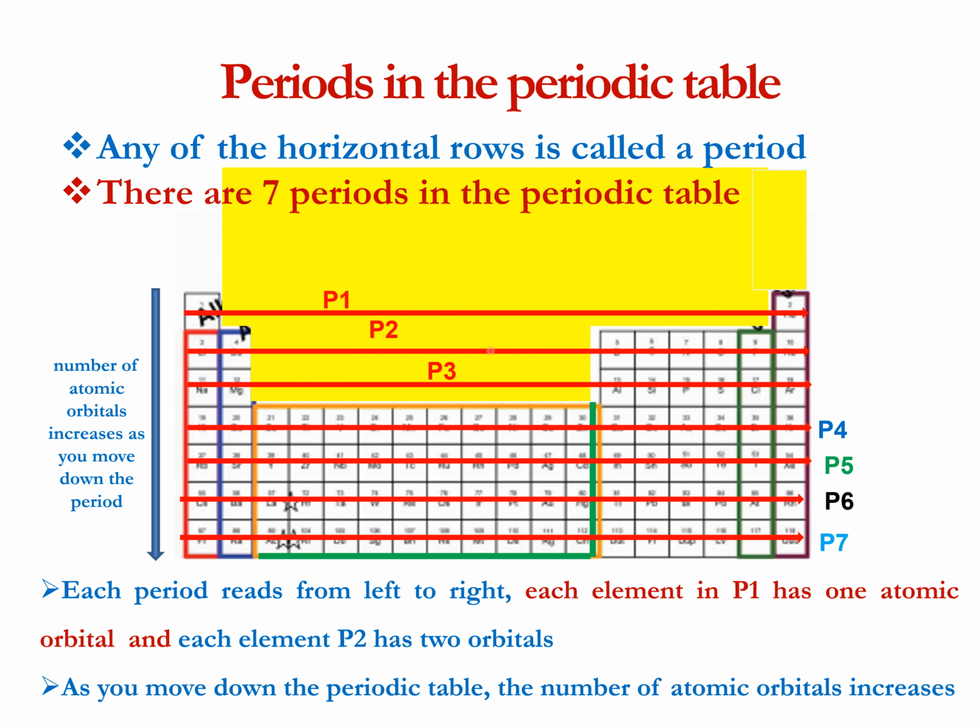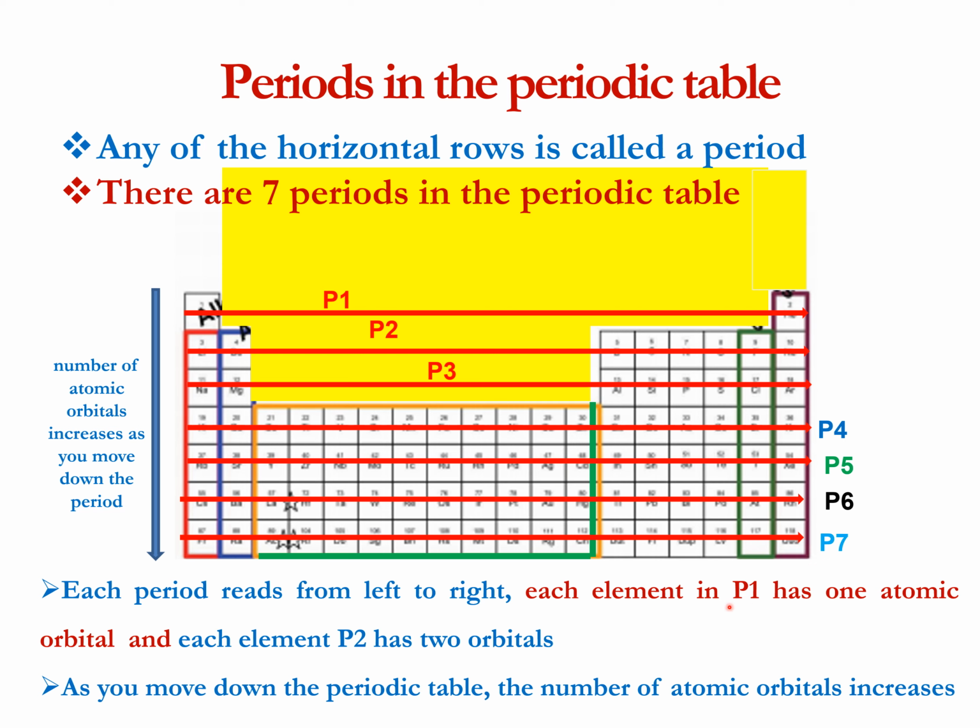This is called period 2. This horizontal row is called period 3. This is period 4. This horizontal row is called period 5. This is period 6. And this last horizontal row is called period 7. So there are 7 periods in the periodic table.